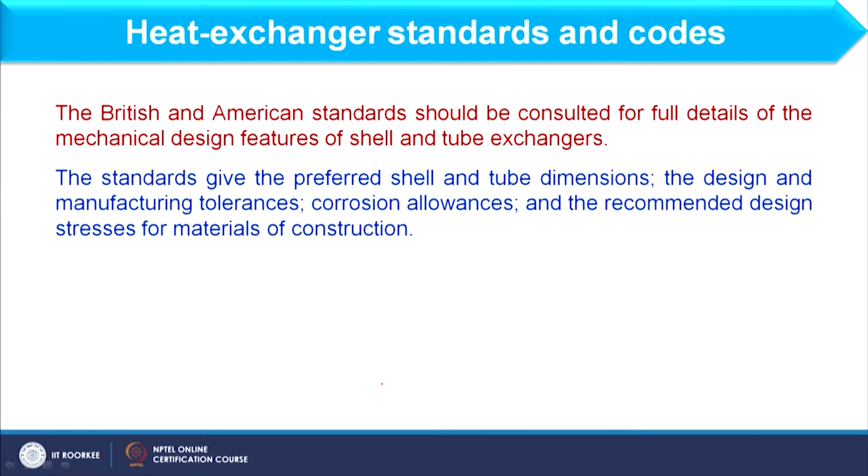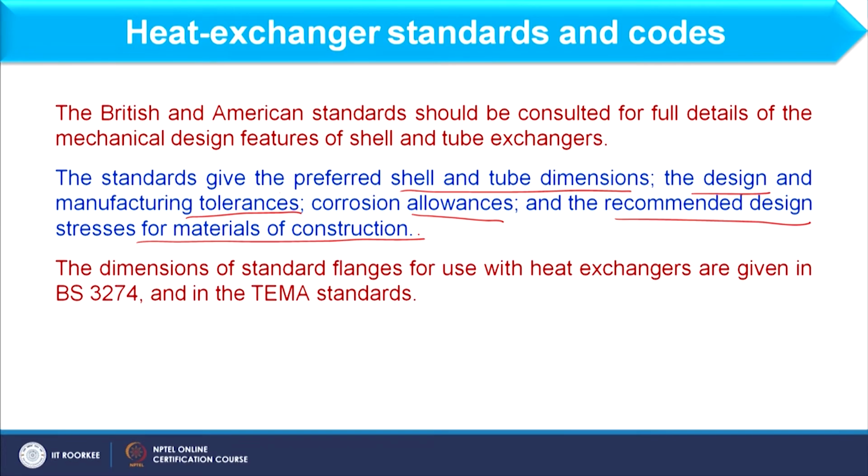The standards give the preferred shell and tube dimensions, the design and manufacturing tolerance, corrosion allowance, and the recommended design stresses for material of construction. So whatever the stresses would be, you can choose the material of construction, the thickness of shell, the thickness of the tube, but that comes under the mechanical aspect.